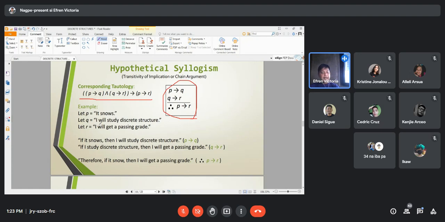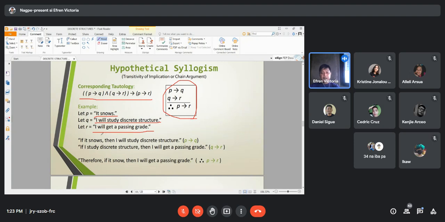So example is, let P, it snows, Q, I will study discrete structure. Let R, I will get a passing grade. So construct the propositional variable into hypothetical syllogism.